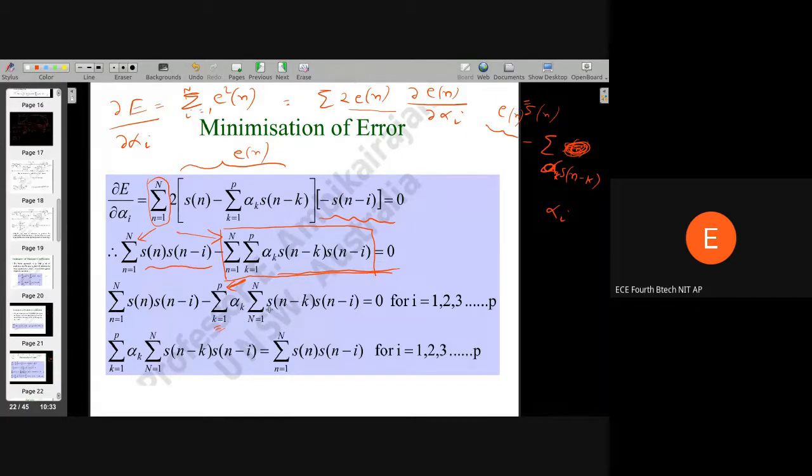You can even put s n minus k here, but there is a reason why we are not doing that, because it will make our analysis simple. And you have this outer summation, we put it on the inside. So you have this.